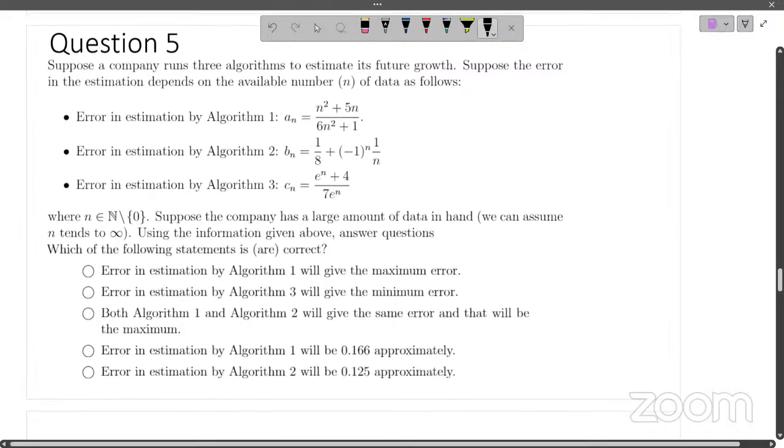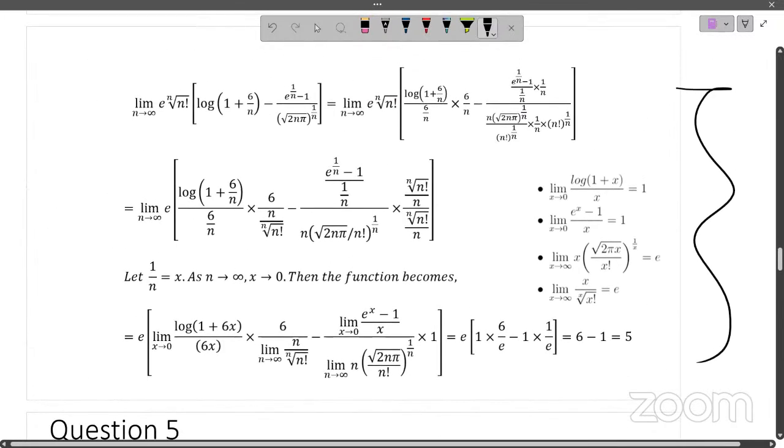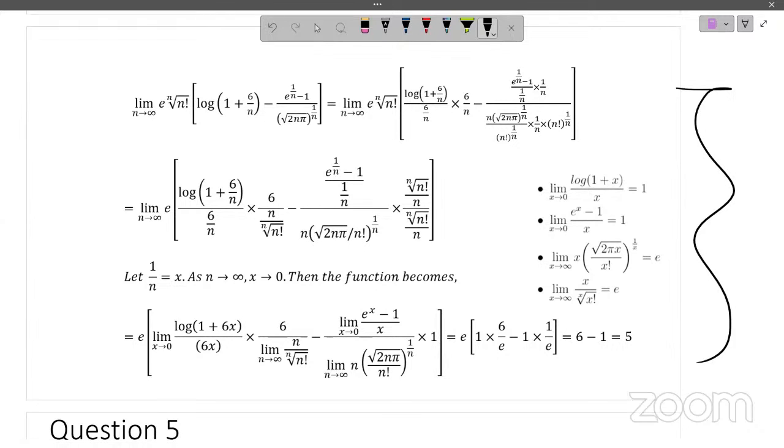Question number 5. Ma'am, 1 minute, I have to text. Yeah. Ma'am, okay, ma'am. In the quiz and term, will we have similar questions with a similar rigor? Yeah, you can hope for similar questions.